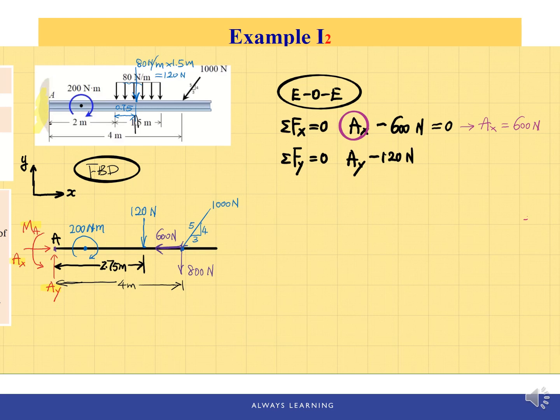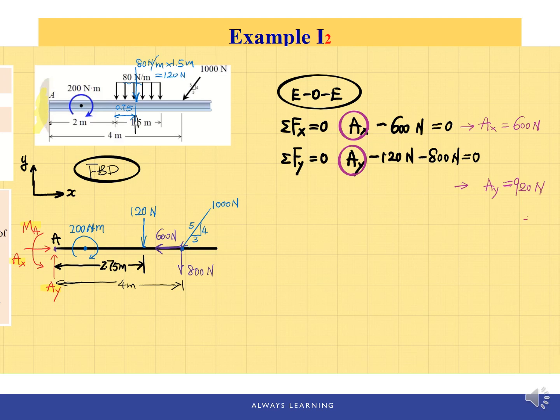And the third one is negative 800 Newton. Those are the only three values we have along the y direction. Again, there's only one unknown value in this equation, so we can solve Ay from it. And Ay will be 920 Newton.